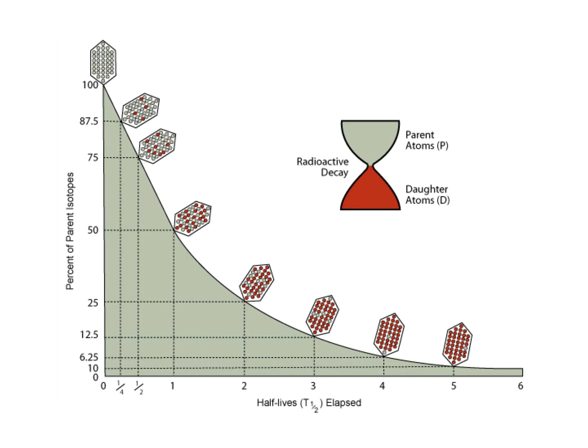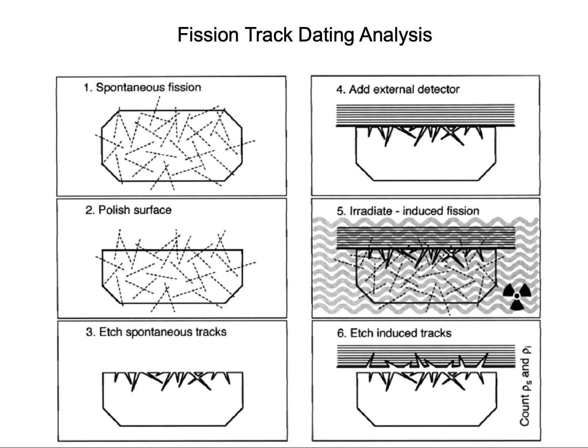In fission track dating analysis, the rock is polished, a crystal surface is polished, and then you allow the decay to occur. The decay of the radioactive atoms releases alpha particles, which are helium atoms.